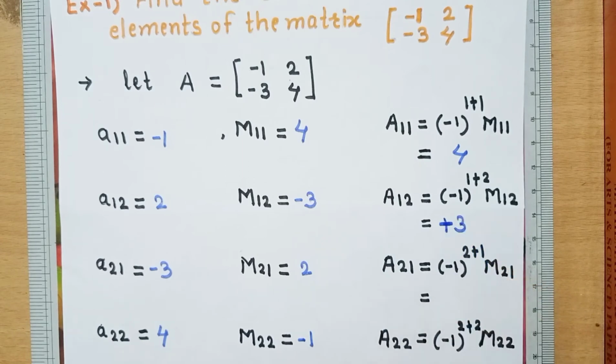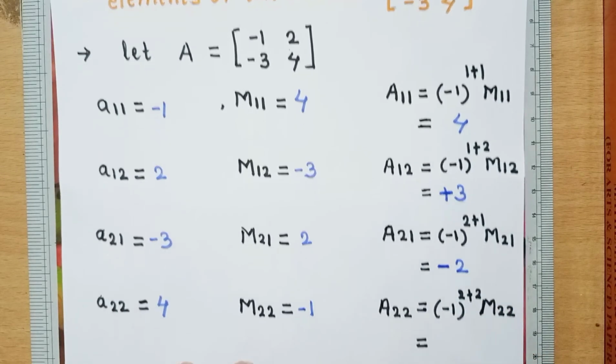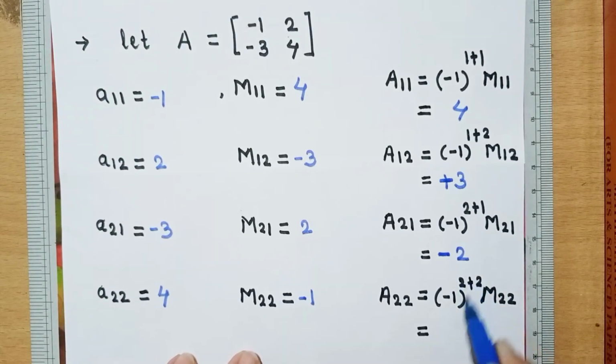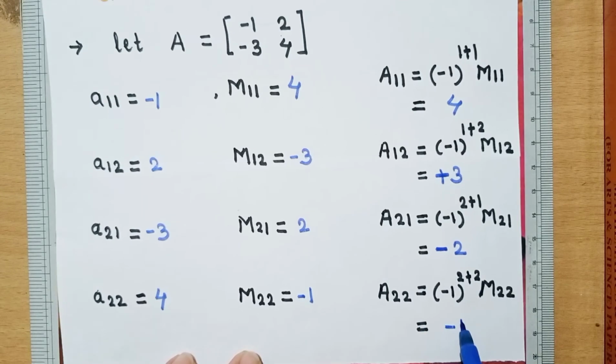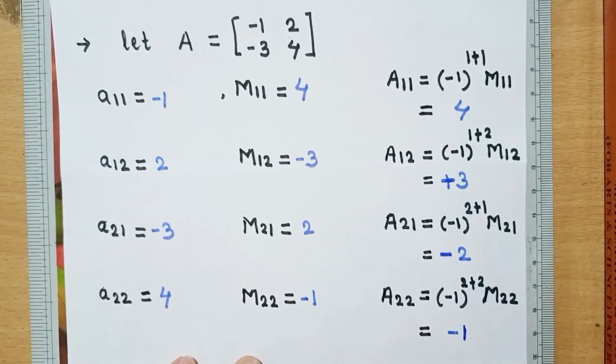So this is +3. Now again here check, 2 plus 1 is 3. So consider a minus sign for this, M21 is 2. So write here 2. And 2 plus 2 is 4, an even number. So consider a plus sign. So we will write this minor as it is. So these are the cofactors of the given example.